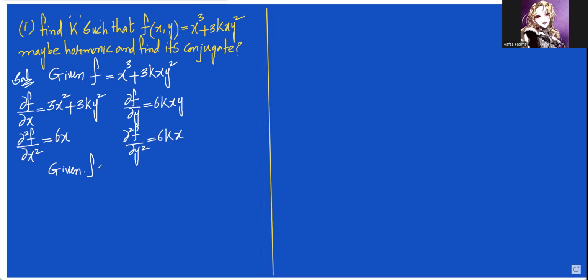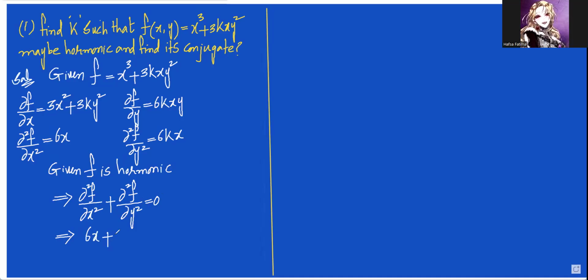F is harmonic. Harmonic condition we use, that implies that dou square f by dou x square plus dou square f by dou y square is equal to 0. This is the meaning of the harmonic function, which implies that dou square f by dou x square value is 6x plus dou square f by dou y square, this is 6kx, is equal to 0.